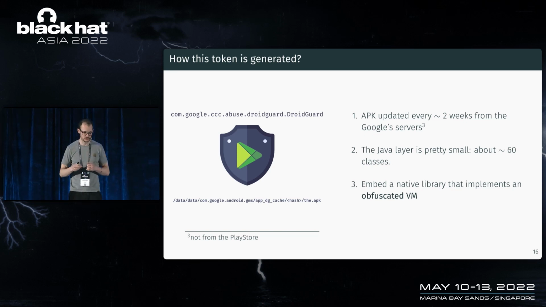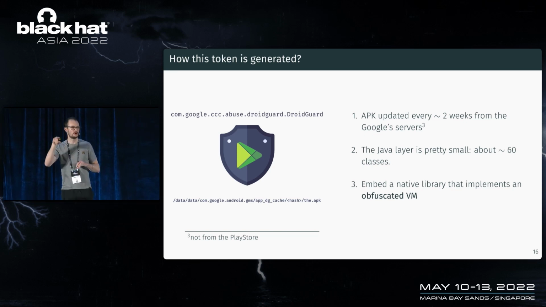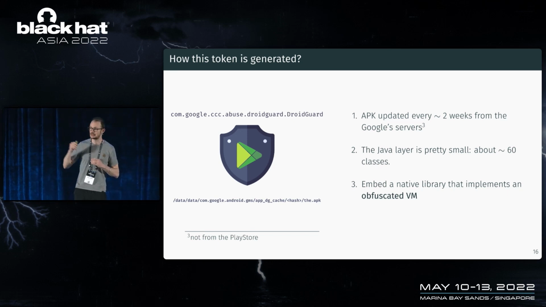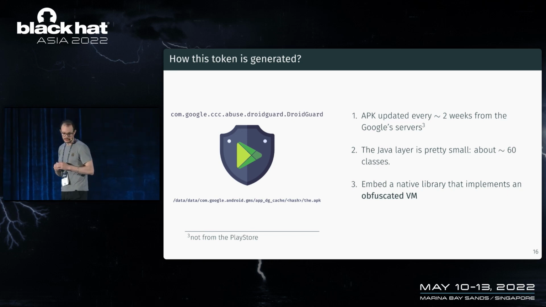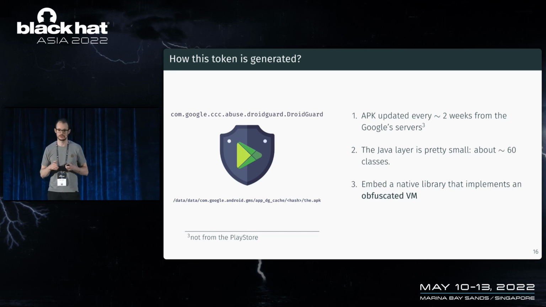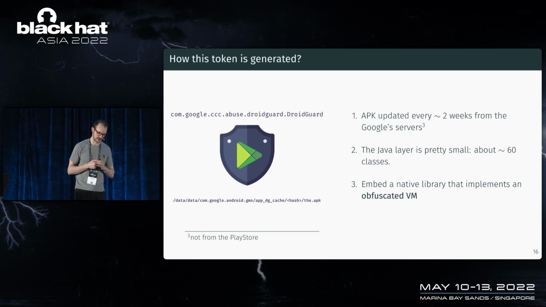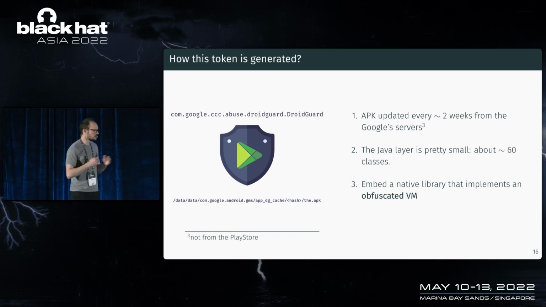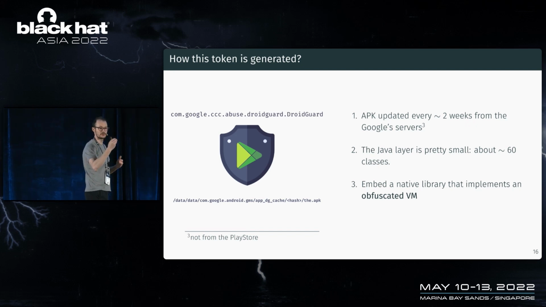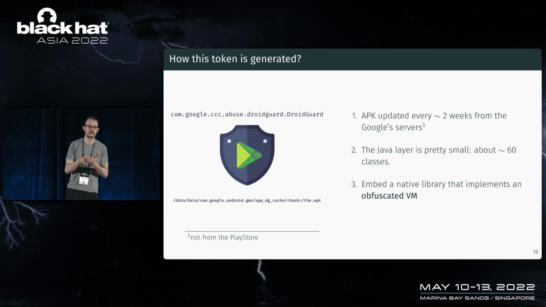The name of the process is com.google.android.gms.unstable, and it's associated with an APK that is located in the data partition of the application. Actually, this APK is dynamically downloaded from the Google server. So it's not an APK that is already installed on the system.